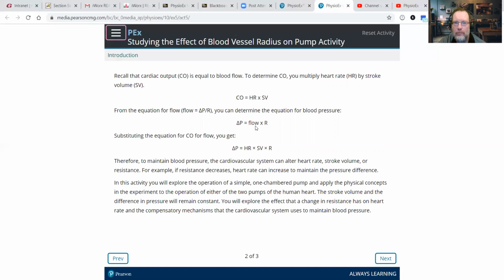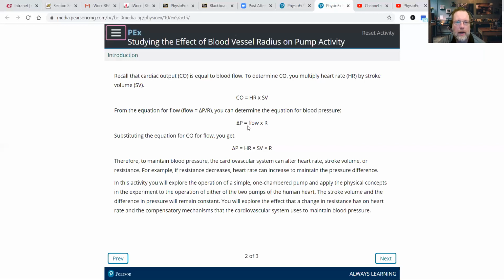We know that blood pressure equals flow or cardiac output times resistance. R has to do with resistance. In resistance, we looked at radius or diameter, how big around the vessel is, which can determine resistance.